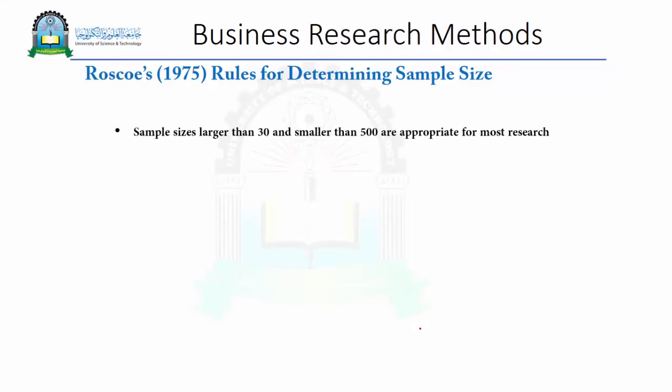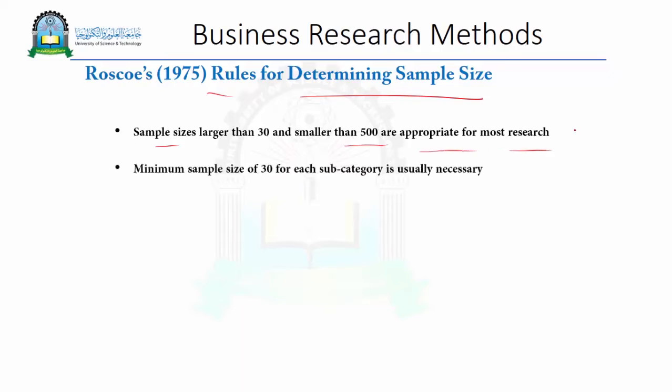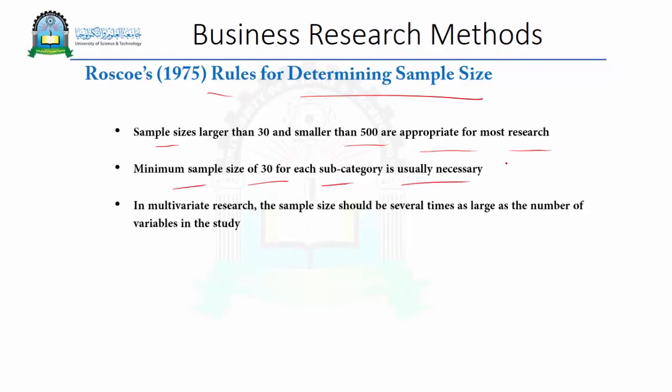According to Roscoe, he came up in 1975 with some rules for determining the sample size. The first rule is that sample sizes larger than 30 and smaller than 500 are appropriate for most research. A minimum sample size of 30 for each subcategory is usually necessary.